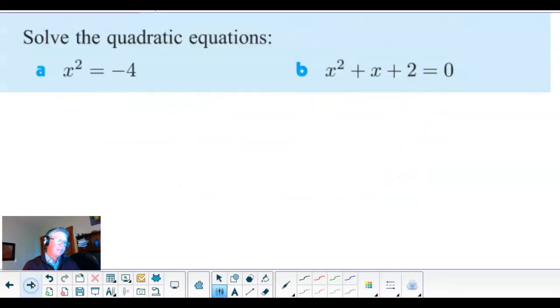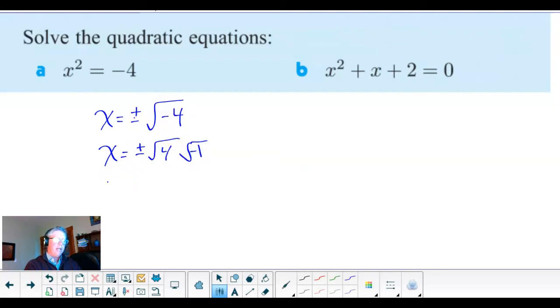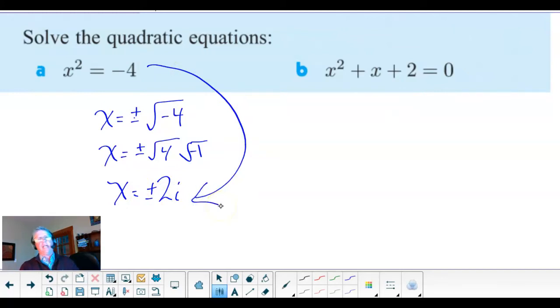Very good. So some of our first examples, this is where you would take the square root. I'm not going to show every step like this because we don't have time, but certainly this is what's behind it. I would hope that you go from x squared = -4 right to plus or minus 2i.